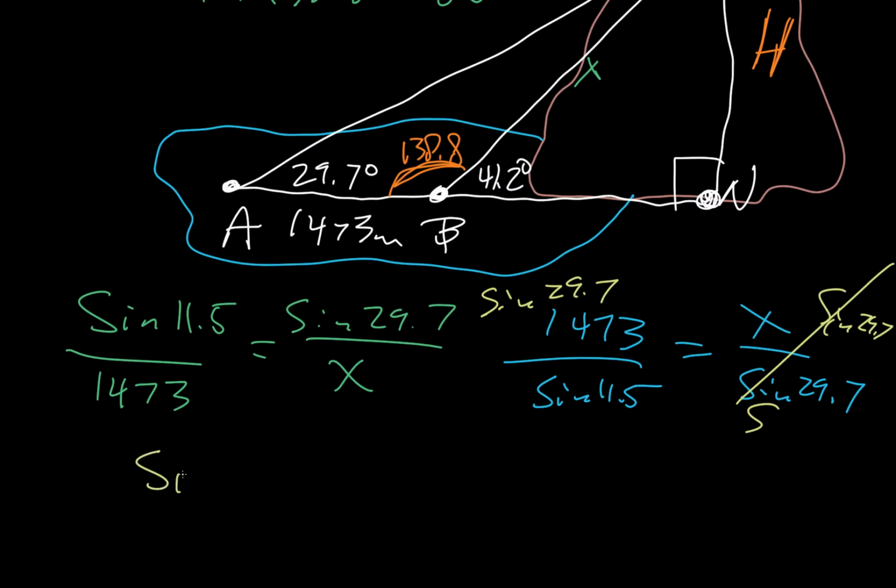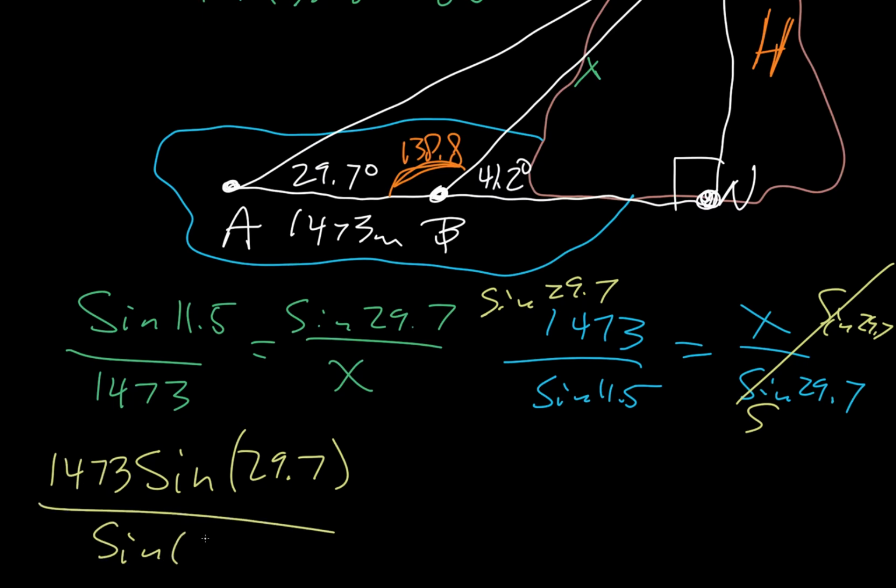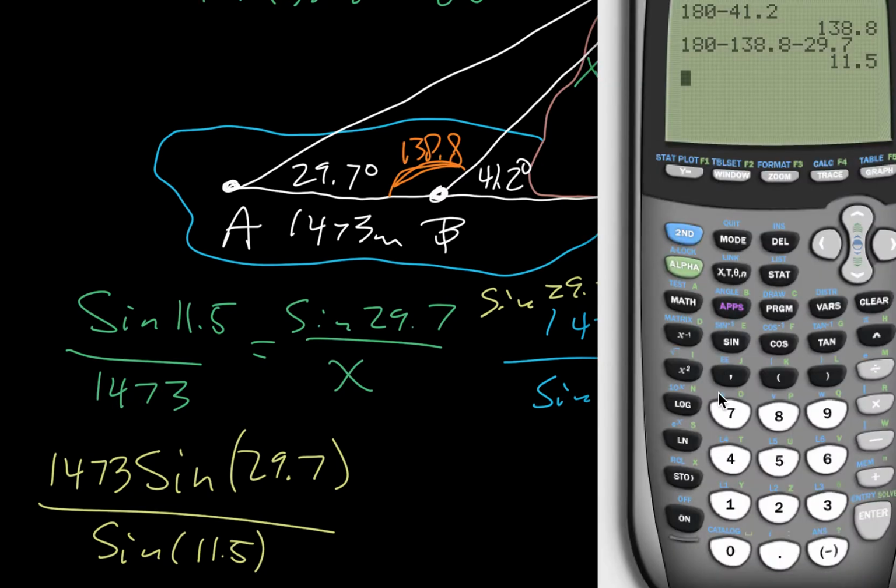And so we have sine of 29.7, 1473 out in front, and then we have sine of 11.5 right there. So go to our calculator. 1473 times sine 29.7 divided by sine of 11.5.